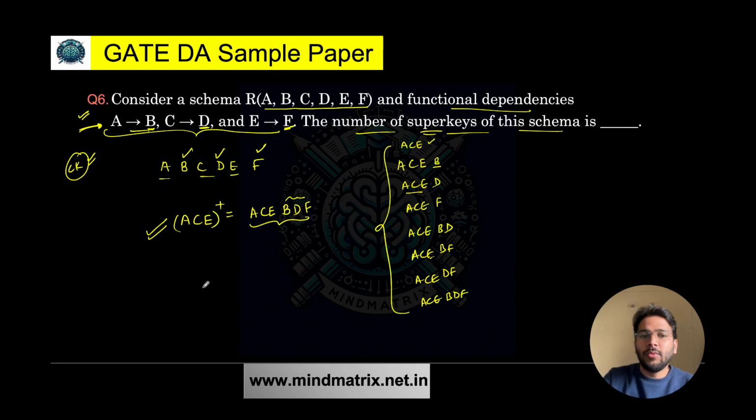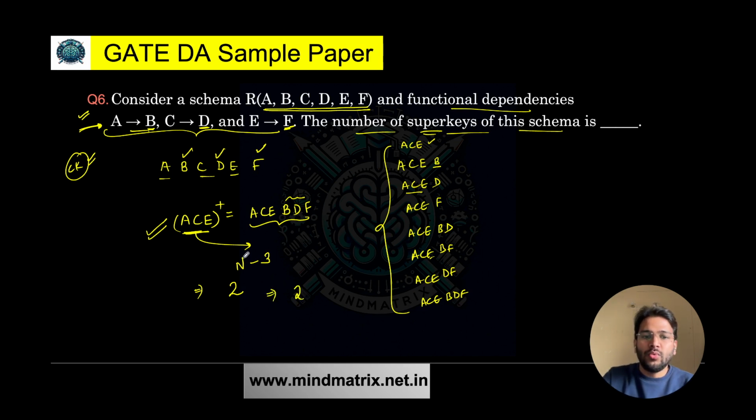The other way to find out here is the number of super keys will be 2 raised to the power n, where n is all the attributes that you have in the relation minus the number of attributes that you have in the candidate key, which is 3 in this case. For another question, if you have 2 only, it is going to be n minus 2.